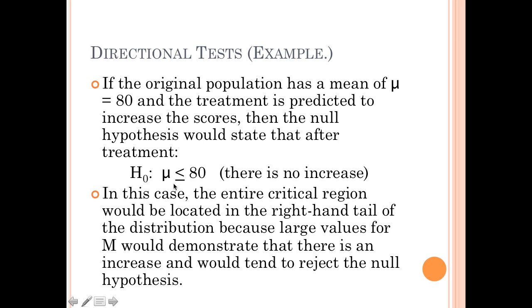And that greater than arrow would be pointing in the positive direction of the normal curve table. So the entire critical region would be located in the right-hand tail of the distribution, because large values for the mean would demonstrate that there is an increase and would tend to reject the null hypothesis.